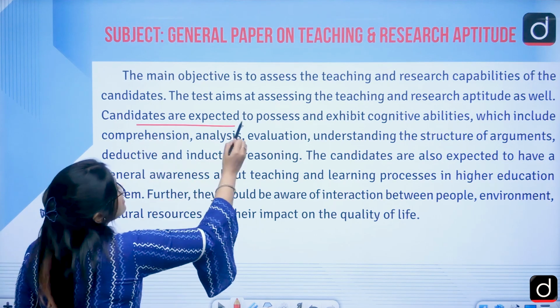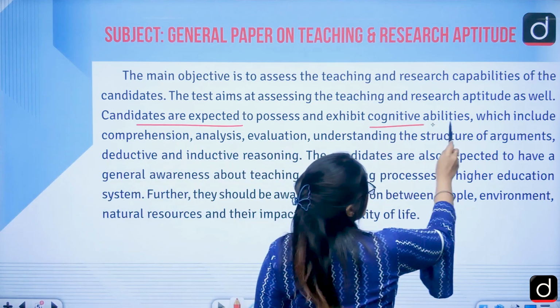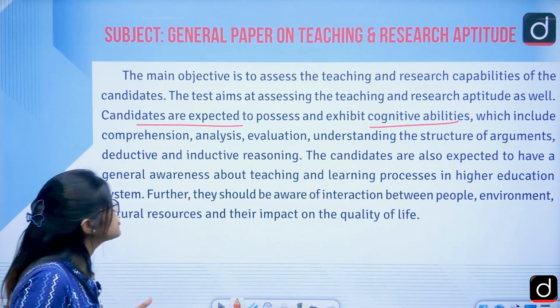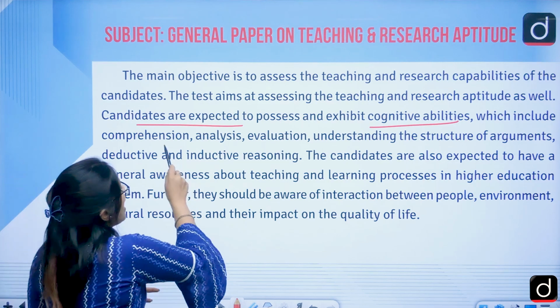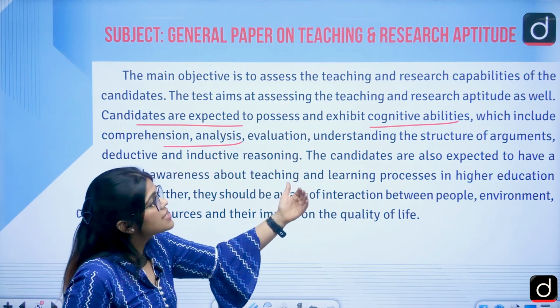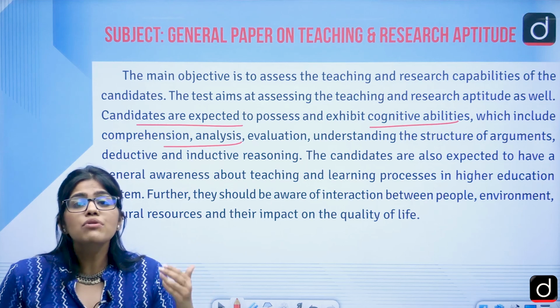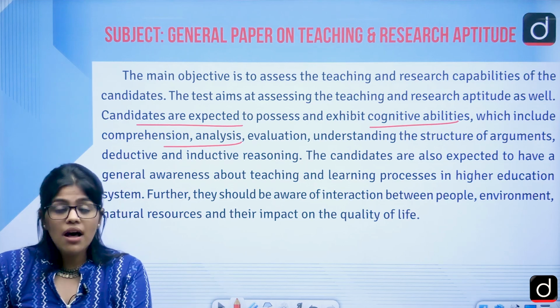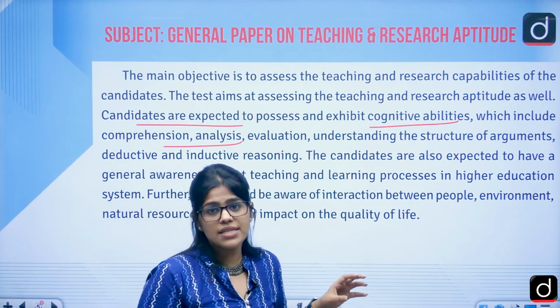The candidates are expected to possess and exhibit qualities like cognitive abilities, in which they will look at the comprehension skills, the analytical skills, the evaluation part, and how you understand arguments and how you structure arguments. In our course, we will be dealing with all of these things in greater detail.